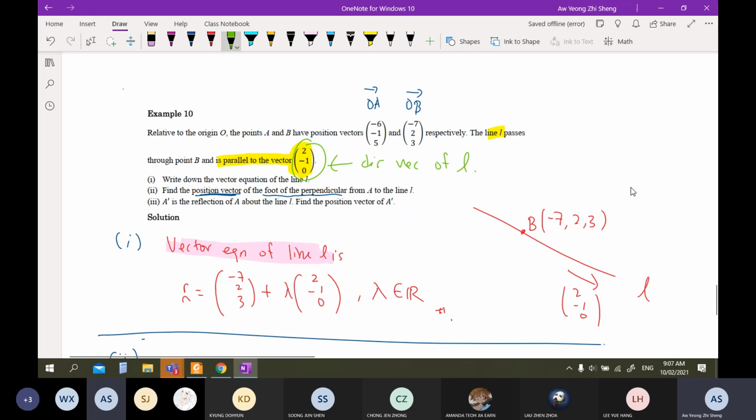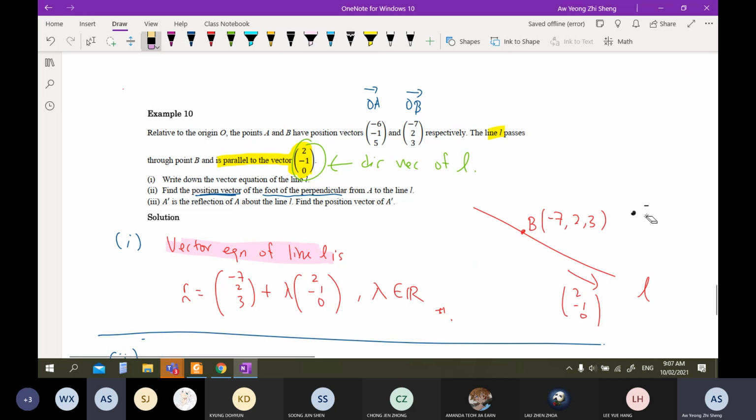So you can use back the same diagram in your visualization here. Let's just draw a point A that is somewhere outside the line, and try to avoid drawing A at a position that is perpendicular to L at point B, because the question doesn't say that. The question doesn't say that the foot of perpendicular of A is point B, so you can't simply assume.